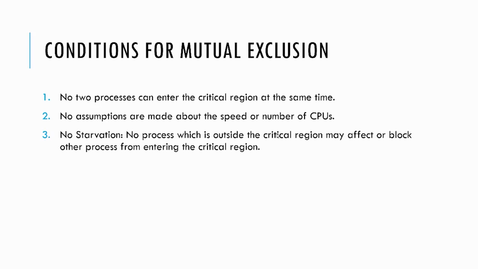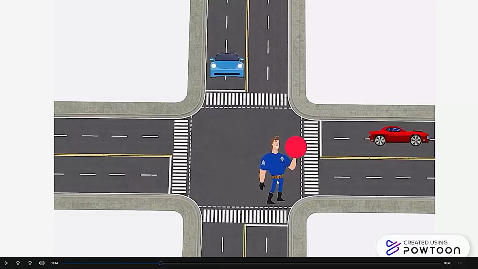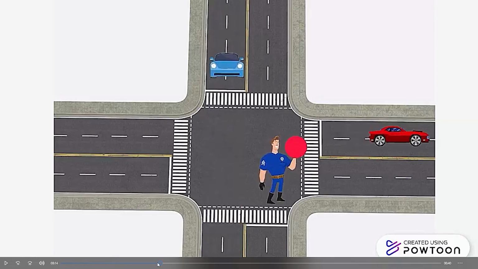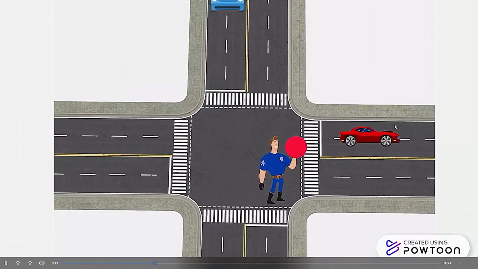But how about rule number three? Rule number three is called starvation. I'm sure you've heard of it before. Starvation is where no process outside the critical region may block another process from entering the critical region, which means that once a process exits the critical region, in this case the red car has already exited the critical region in the middle, it is actually spending too much time in the non-critical region.